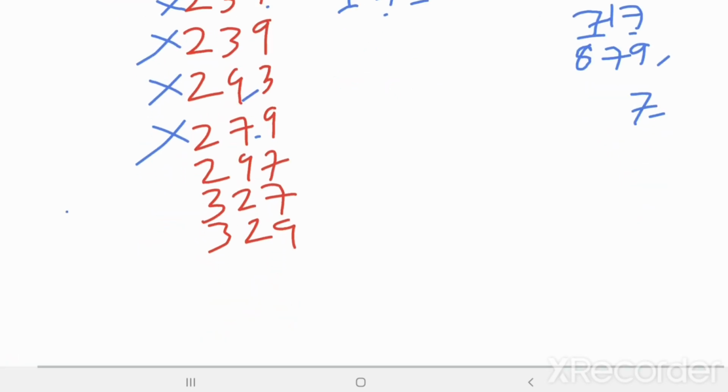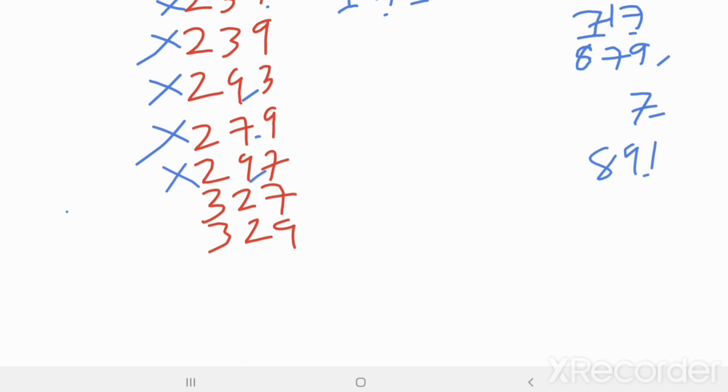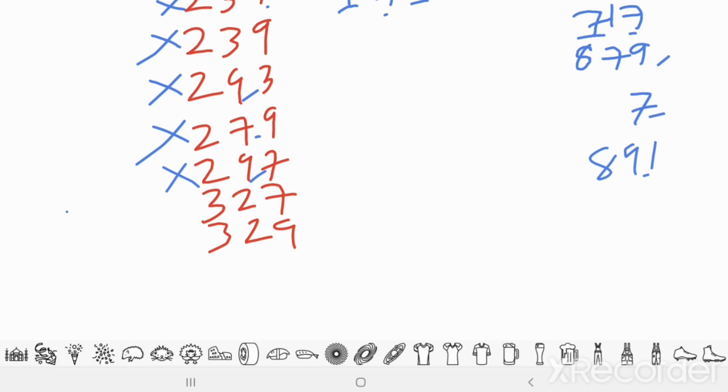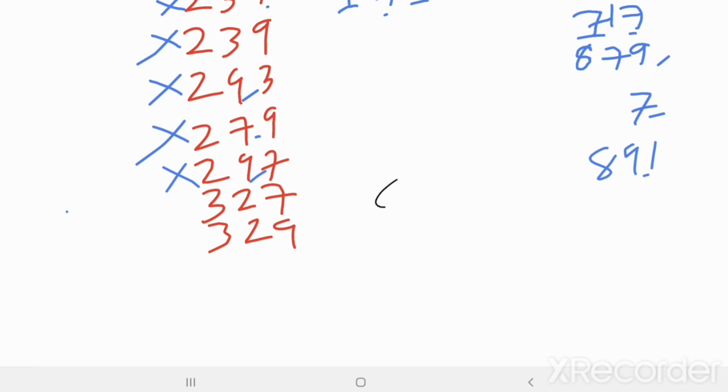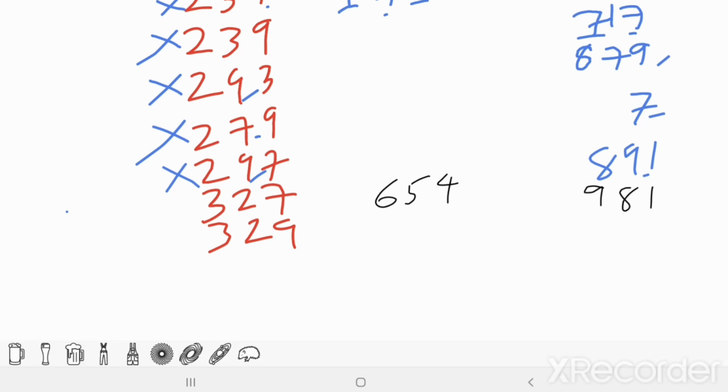Then 297, multiplying by 3 we get 891, so 9 is repeating, so we can eliminate this. 327, multiplying by 2 we get 654, multiplying by 3 we get 981. Here all the digits are different, no repetition of digits, so this is another combination.